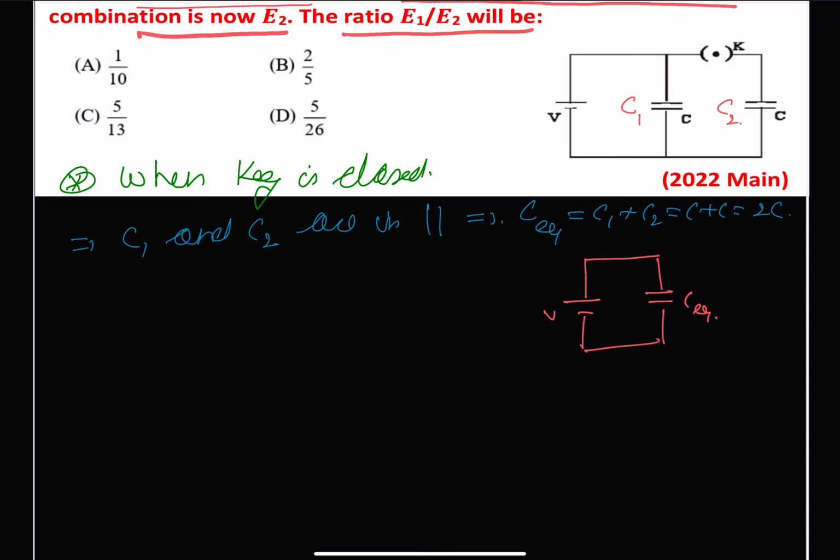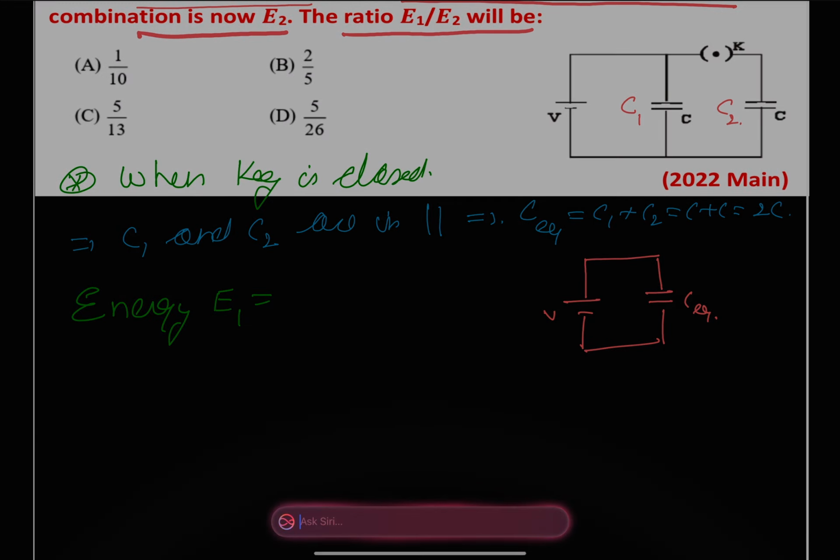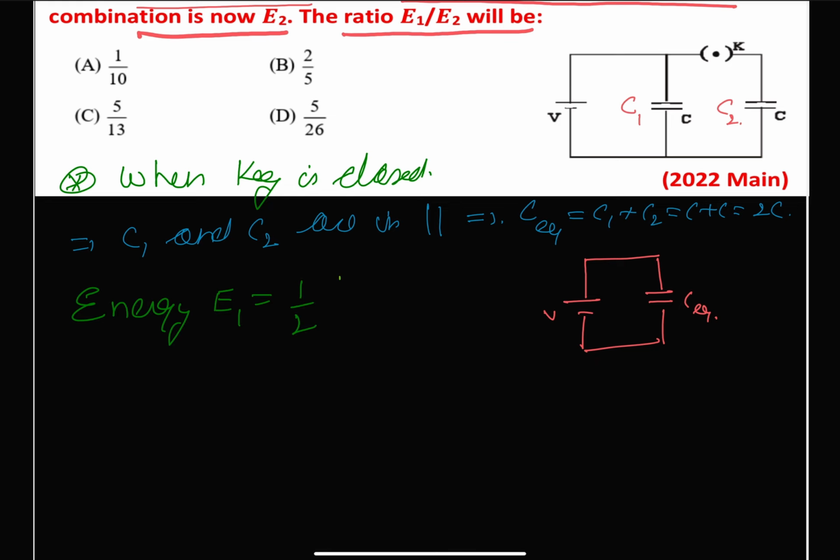So we can find the energy E1 will be equal to half C equivalent V square, and C equivalent is 2C, so this comes half 2C V square. The 2 and 2 cancel out, this gives us E1 equal to CV square.